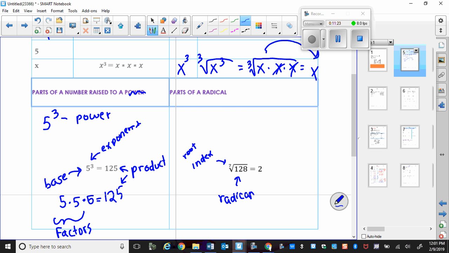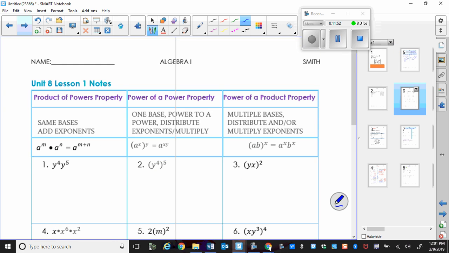And this radical here, the actual radical symbol itself, what it produces is a factor of the number inside. So the simplest form of this radical. Okay? So usually that's just a factor.